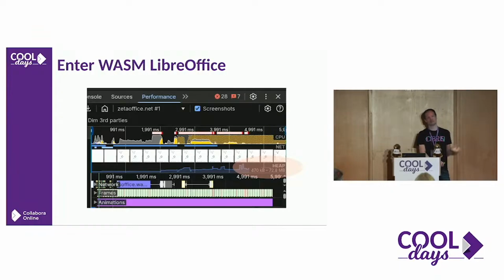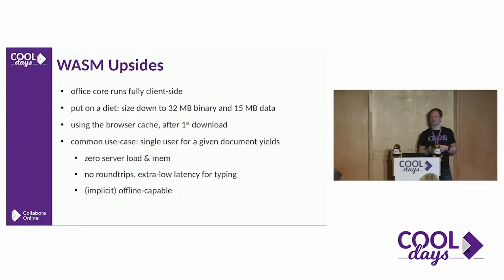So it's between 50 and 100 megabytes per document in the browser. And the WebAssembly binary itself is also not terribly large, although it's also not lightweight. It's a far cry from the lightweight front end that Online has right now.